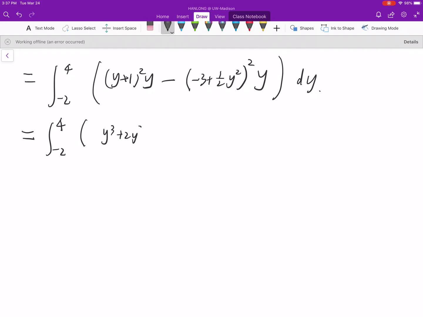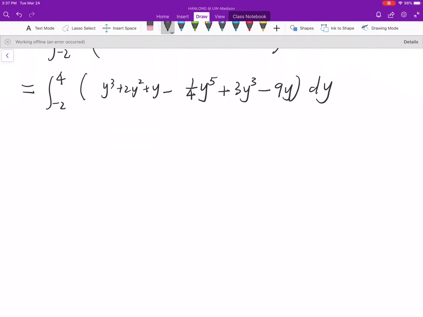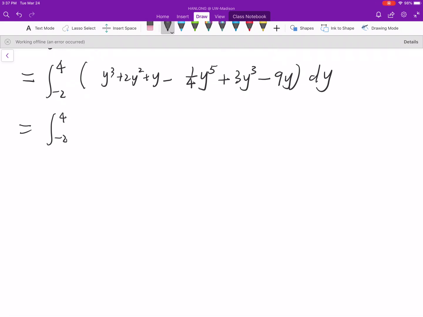Q plus 2y squared plus y minus, and here you have 1/4 y to the 2/5 plus 3y cubed minus 9y dy. And as before, now let's collect terms with the same order. So here you first have this, so minus 5ths, and then you have the cubic term.